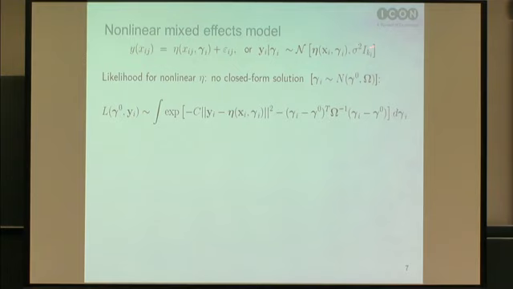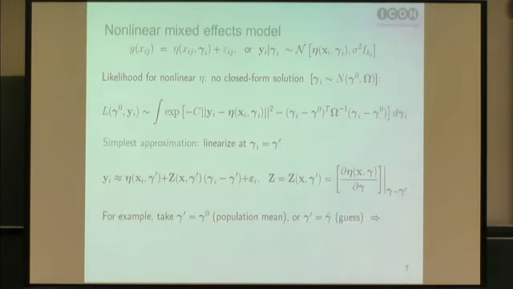Now, unfortunately, for nonlinear response function eta, if we try to write down the likelihood for the mean parameters, there is no closed form solution. Even in the case of Gaussian epsilon and Gaussian gamma, you can easily see that having this integral, we cannot really integrate out gammas to get a nice closed form expression. That's why we have to resort to some approximations.